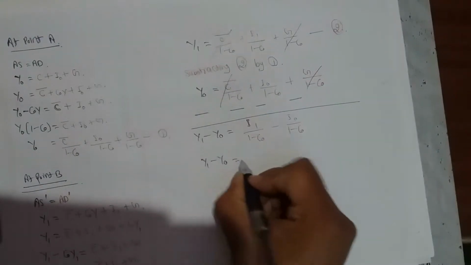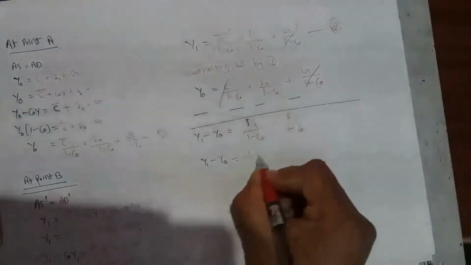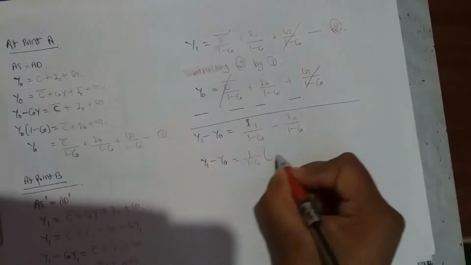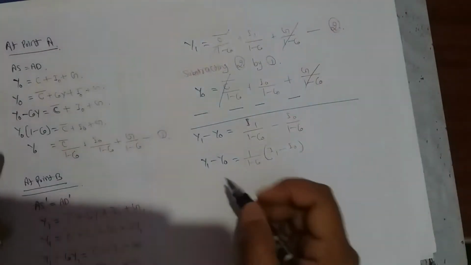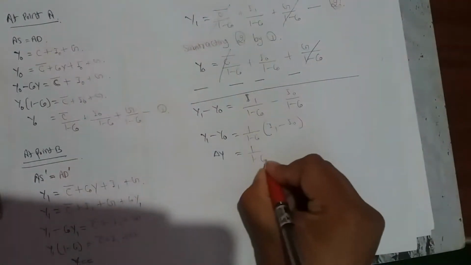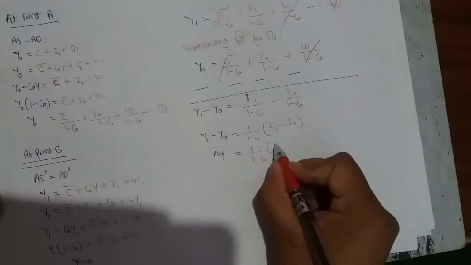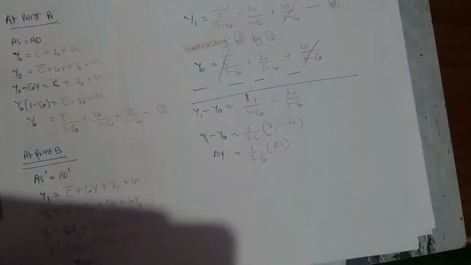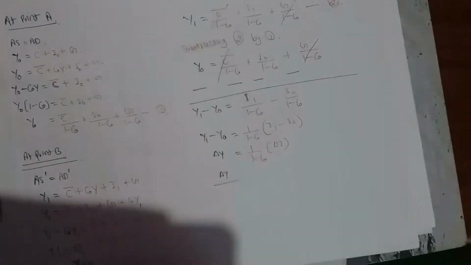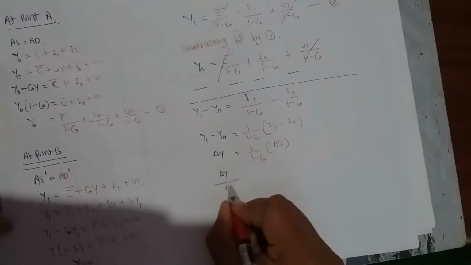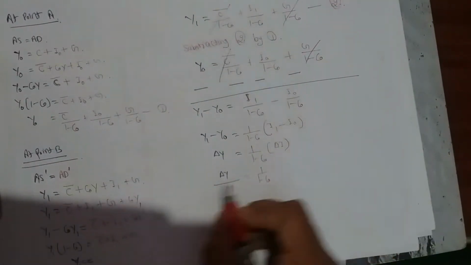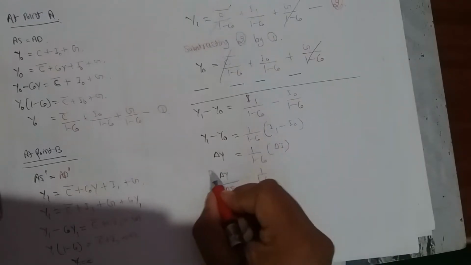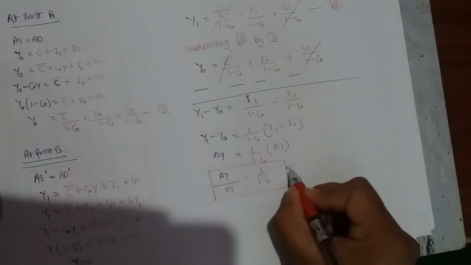Y1 minus y naught, 1 over 1 minus c naught will be common, and we have here I1 minus I naught. We can write this as delta y is equal to 1 over 1 minus c naught times delta I, and delta y over delta I will be equal to 1 over 1 minus c naught. This is the investment multiplier.